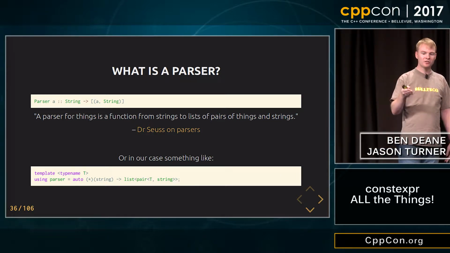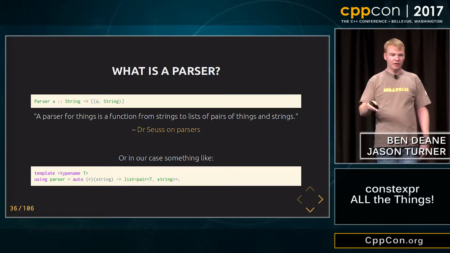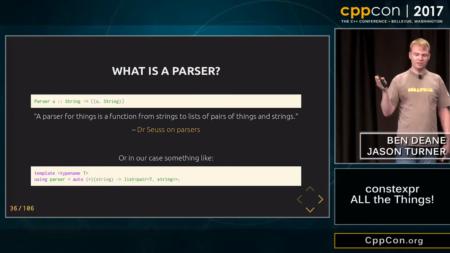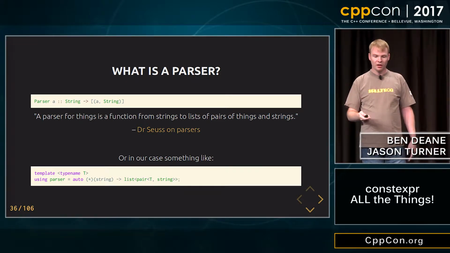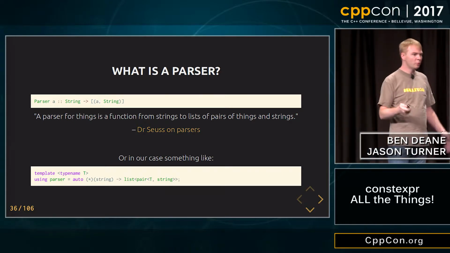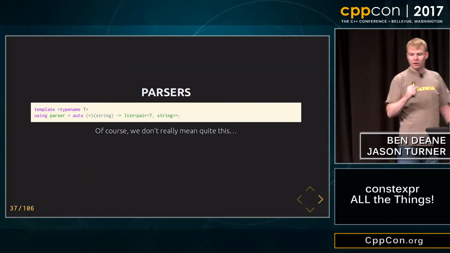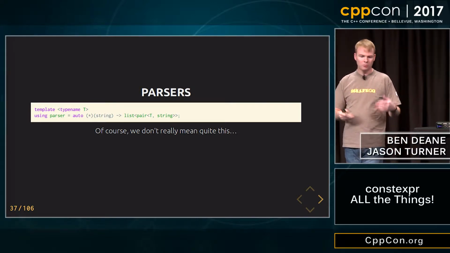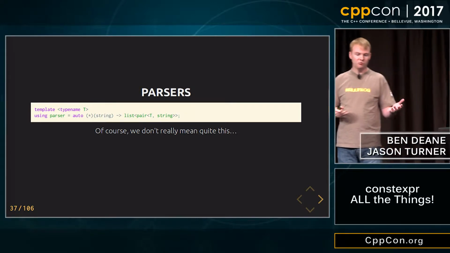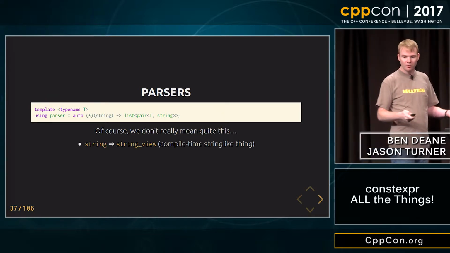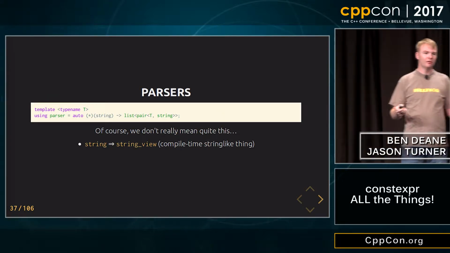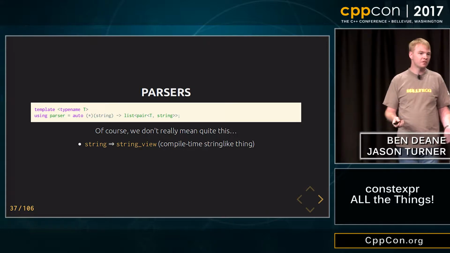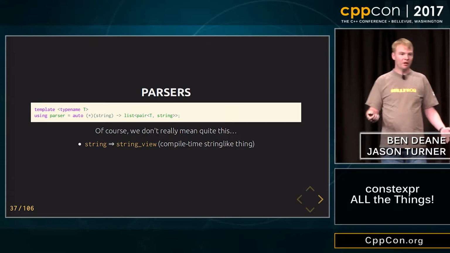Now in C++, we might say something like what's on the bottom. This is a template alias, which is a function. But there are a few things wrong with this C++-wise, because we don't really quite mean list or string, right? Or even function. When we say string, we'd much rather say string view, because that's constexpr. It's a compile time string-like thing.